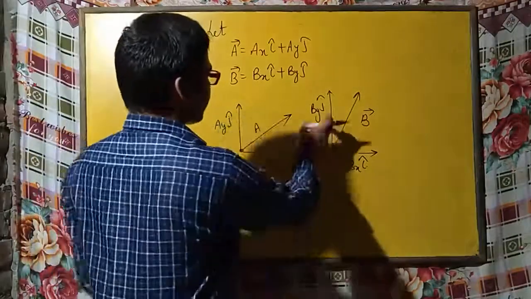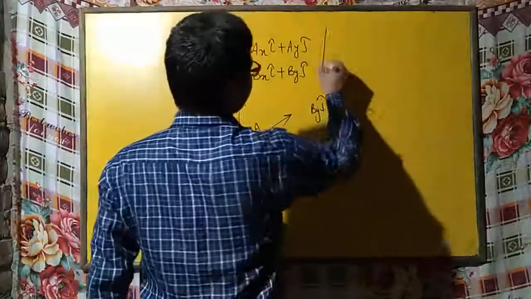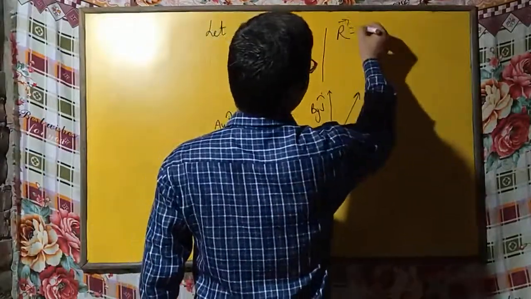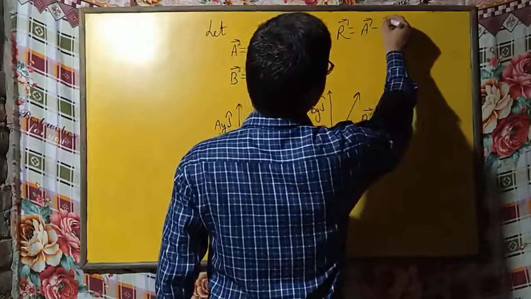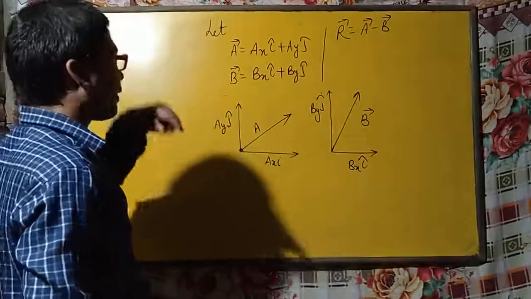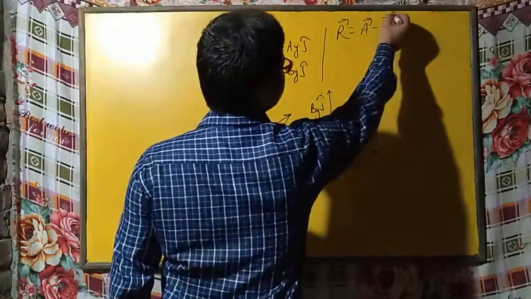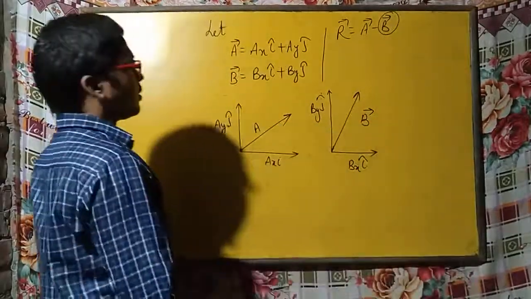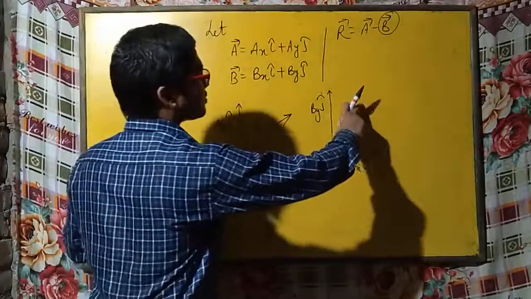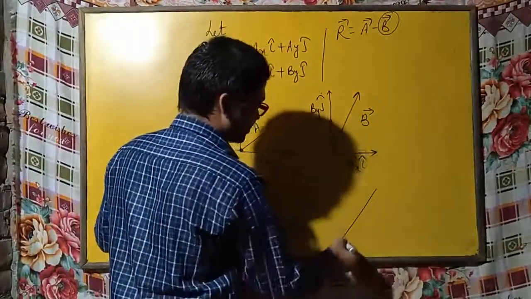Now our aim is to find R is equal to A minus B. If you want to find A minus B, it means you have to subtract this part. So now you can find this minus B in the opposite direction. You can draw it like this.